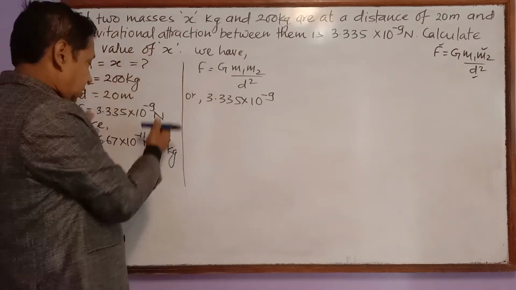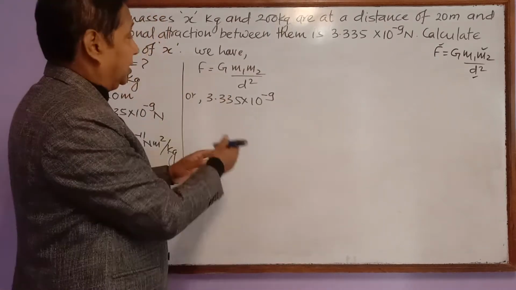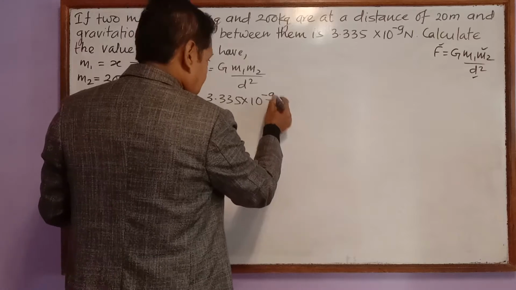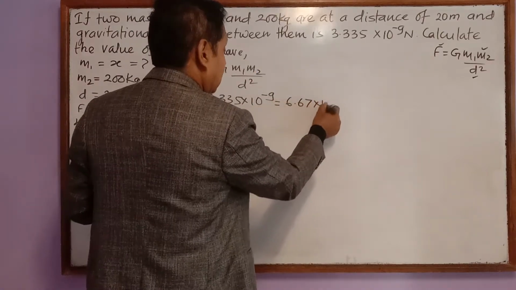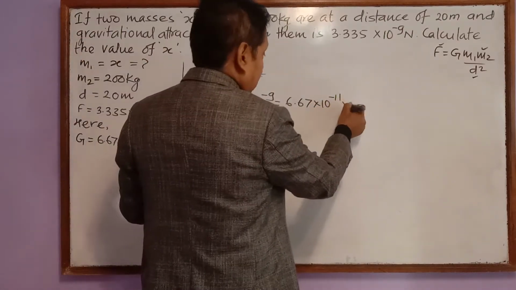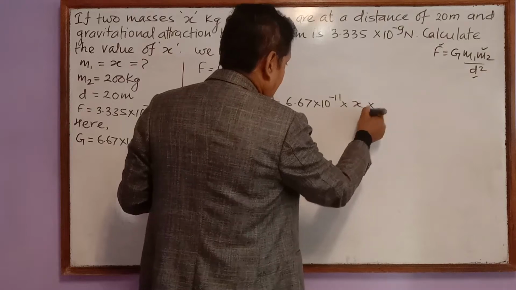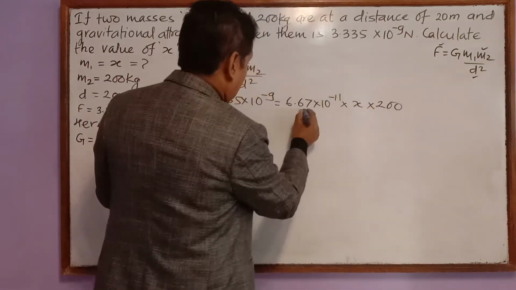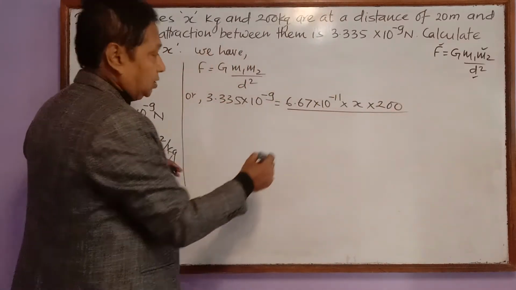We have to write units in the given and we have to write units in the answer, but in the process we are not writing units. I told you in previous class also. This is equal to 6.67 into 10 to the power minus 11, this is the value of G, and into m1, we have to calculate x, and m2 is given as 200. Now in denominator we have d square, d square is 20 square.